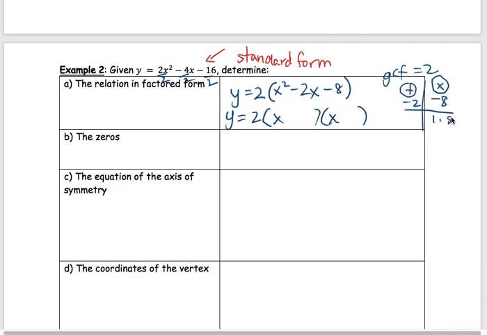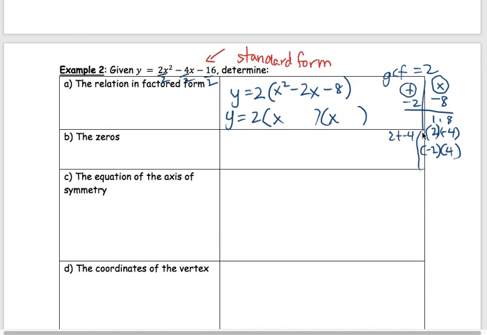So 1 and 8, I can't tweak those to make 2. 2 and 4, yes, those work. Okay, so now you're thinking I have to make a negative 2, so the bigger number always gets the negative if that's the condition, okay? So again, if you can't remember, just write them both ways, and you'll find that, oh yeah, this one won't add to negative 2, only this one will.